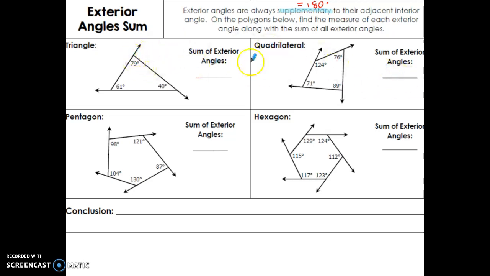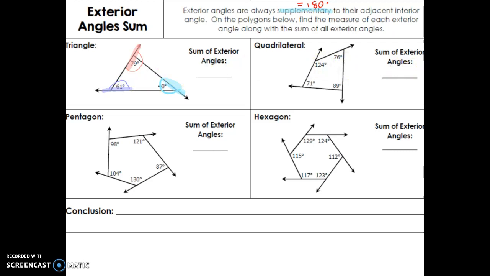For example, if we look at this straight line right here, those will equal 180. If we look at this straight line right here, those two will also equal 180. And lastly, this straight line right here will also equal 180 degrees.